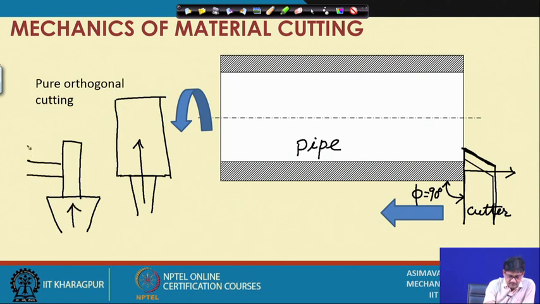Say this is the job, held on the chuck and rotating, and this is the way in which I am moving forward. So, if this is the feed direction, this is the cutting edge, and therefore, the chips are flowing 90 degrees to the cutting edge because lambda is also 0. So, radially reducing the diameter or longitudinally cutting a pipe, pure orthogonal cutting.